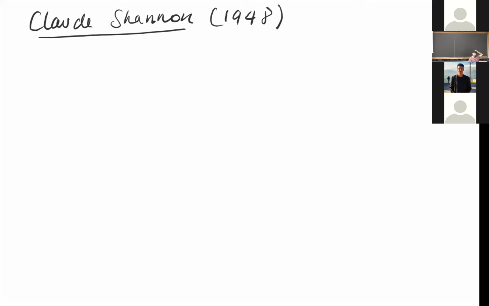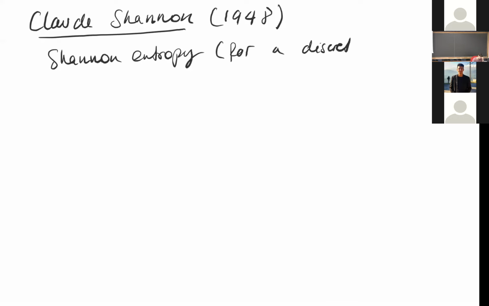In particular, this quantity appeared before, but he proved that this is the proper definition of information content. And we will see what information content means. So the Shannon entropy is defined for a discrete random variable. I will always consider the discrete case, like I said already at the beginning.